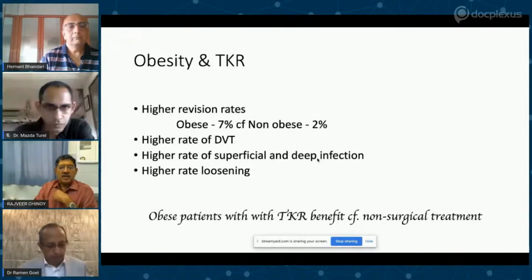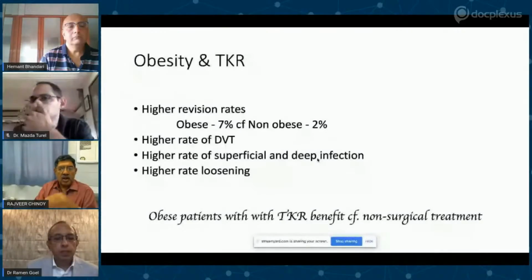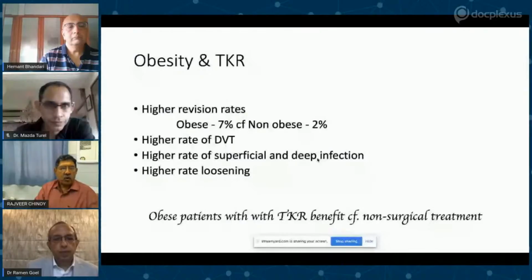And also the long-term benefit of implanting joints in the morbidly obese is that they don't last too long. In a person of normal weight, a well-done knee replacement with all the new materials today easily lasts from 14 to 17 years, and hip replacements are lasting 20 years now.